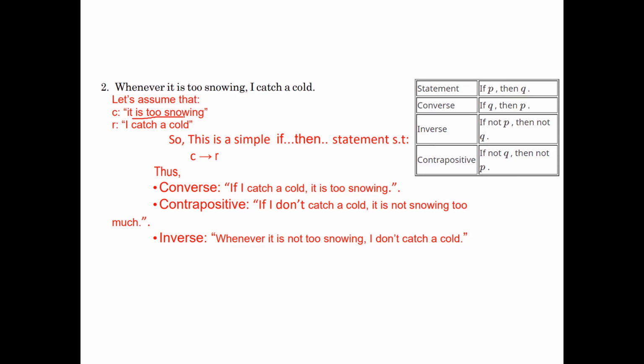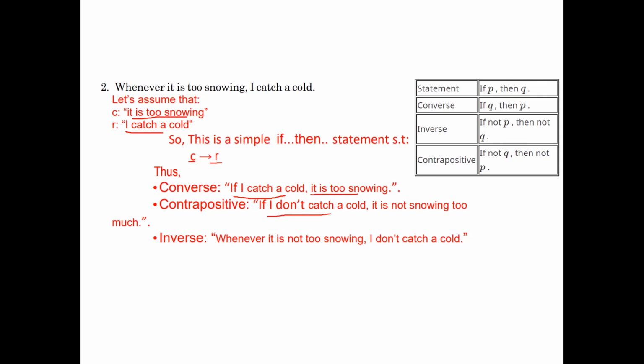Okay, so if it snows too much, I'm going to catch a cold. Converse: if I catch a cold, then it's snowing too much. No, I took a cold shower, for example.